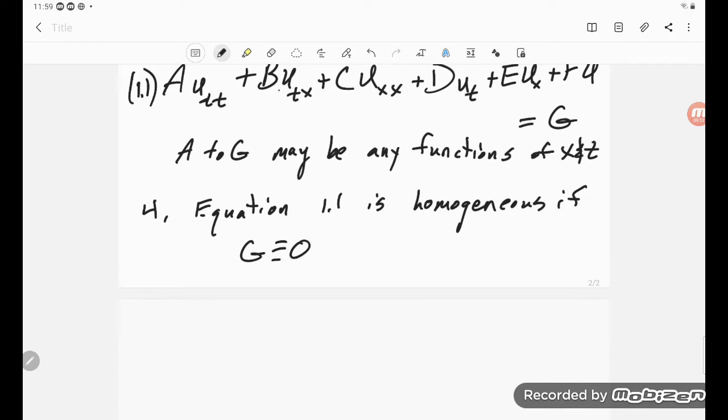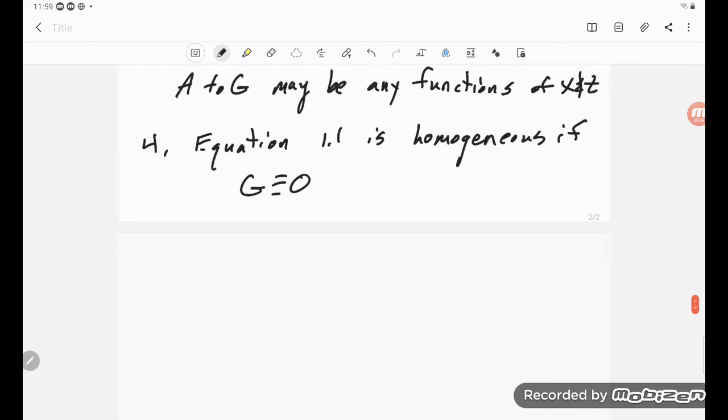Okay, so it's 0 for all x and t. And we could have something nonlinear on the left-hand side in terms of the u, but as long as we say it equals 0, or has no function other than things involving u, then we would call it a homogeneous equation.